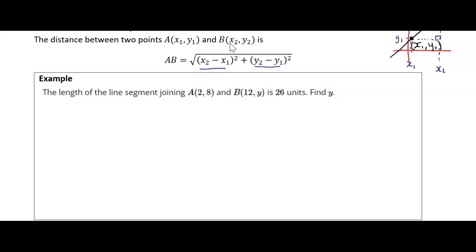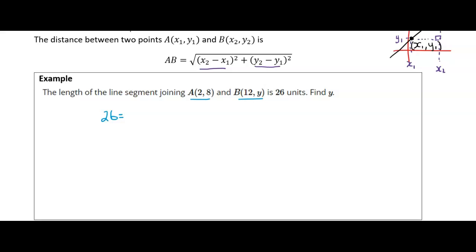So we know the length of the line, we know the coordinates of A, and the coordinates of B, we don't know the y coordinate. So basically that's what the question is asking us to solve. So let's set up our equation. I'm not going to write the formula because doing so would mean the video is going to be a little bit longer, but usually I would write the formula just so you get used to it.